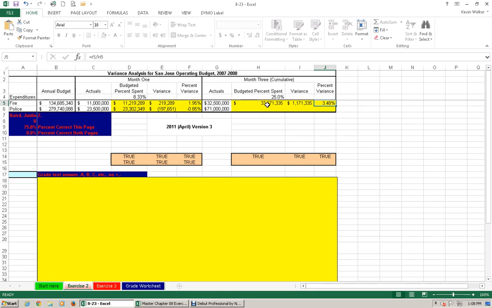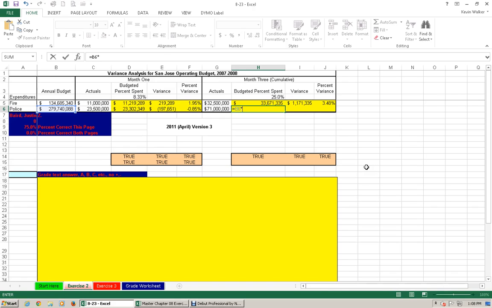We'll do the same thing that we did here with the police budget. So it was B5, the actual budget, what you budgeted, times the percent you expected to spend by that month. Well, in this case, police are on line 6, so we'll go equals B6 times the percent of budget we expect to spend by that month 3, 25%.